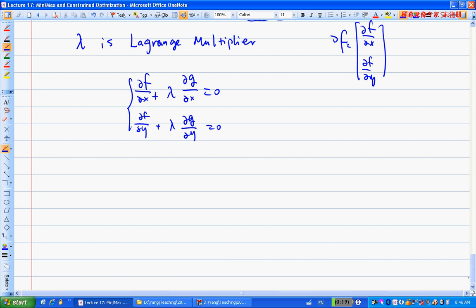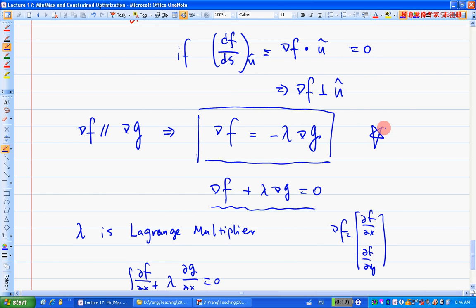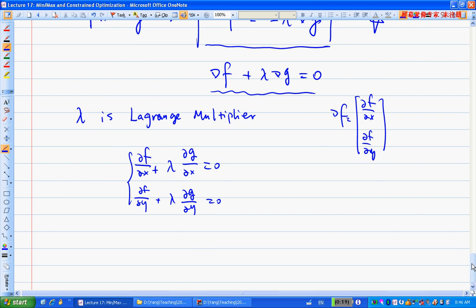Okay? So the next thing here is this. You have this condition derived, and this is what you need to satisfy in order to find these critical points. So bear in mind, we do have another one here, right? Which is what? The constraint. Okay, we do also have this one in here.